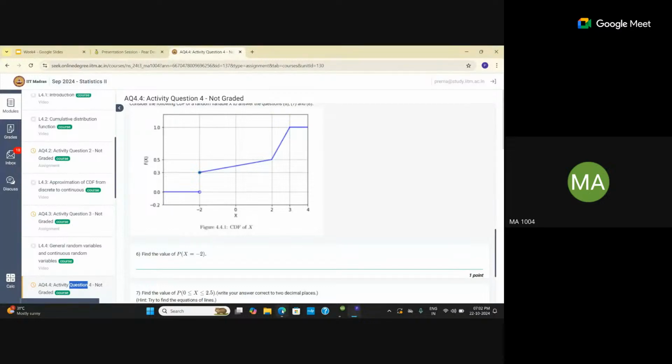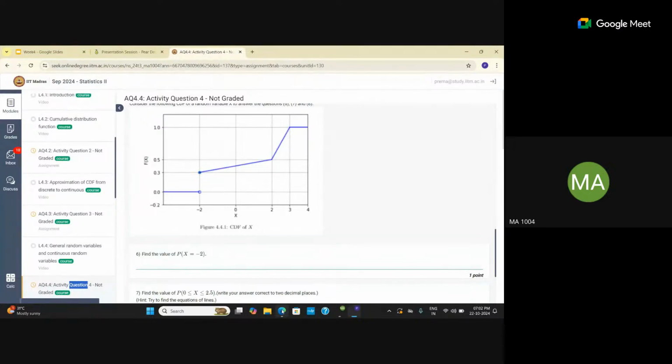And it is 0.5x minus 0.5 when x is lying between 2 to 3, right?